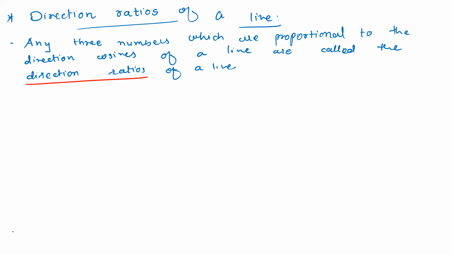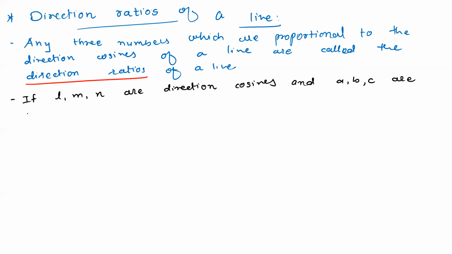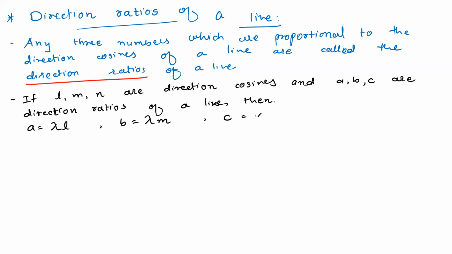Let's understand direction ratios in detail. If L, M, and N are direction cosines, and a, b, c are direction ratios of a line, then a is equal to lambda l, b is equal to lambda m, and c is equal to lambda n.